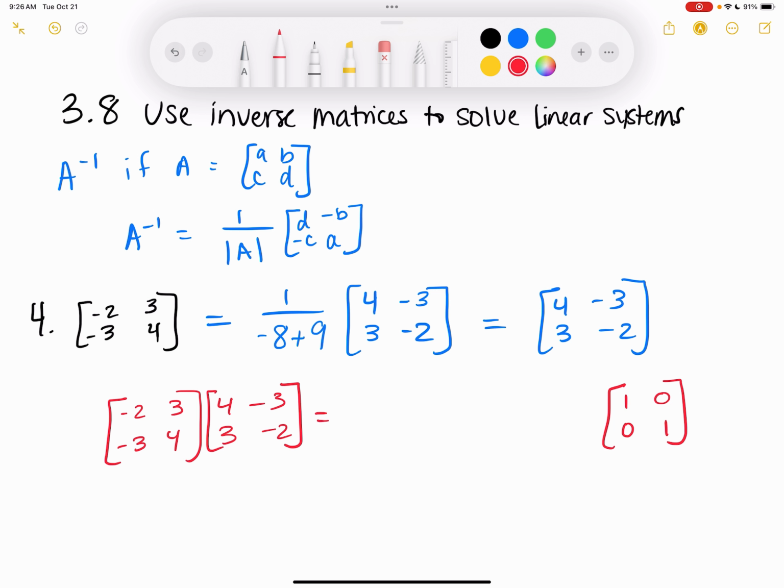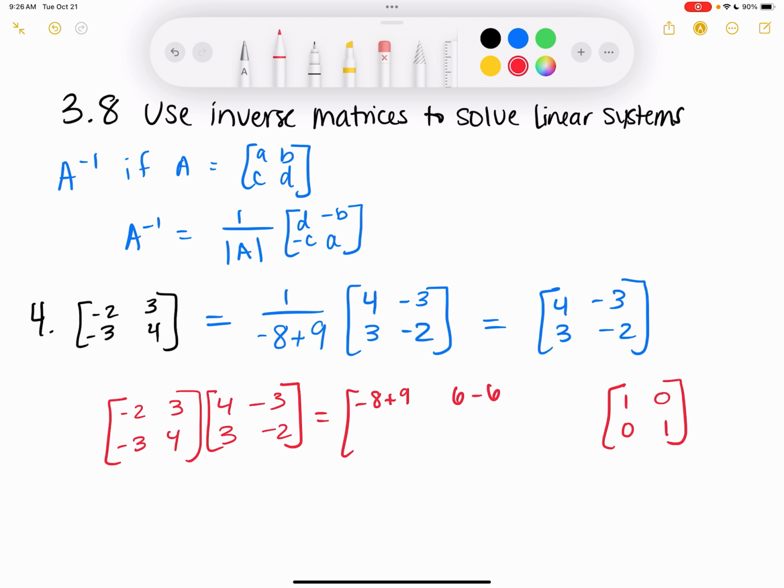So I take this top row times this first column. So -2 times 4 is -8. 3 times 3 is 9. So that goes there. Up here in this other one, top row, second column, -2 times -3 is +6. And then 3 times -2 is -6.